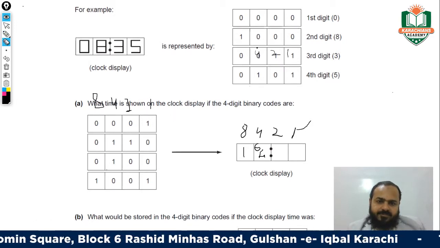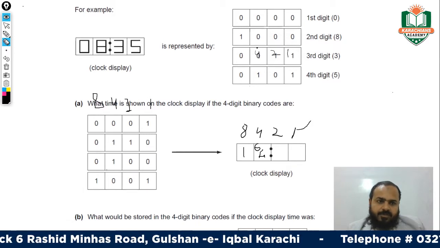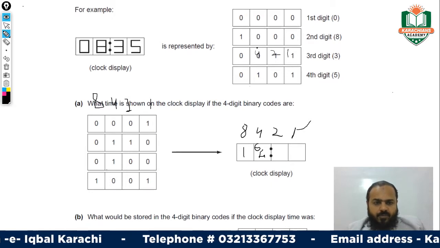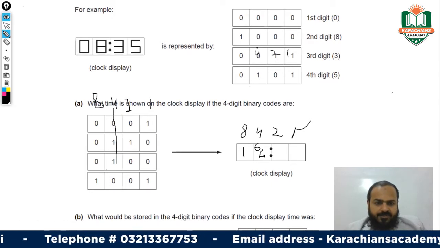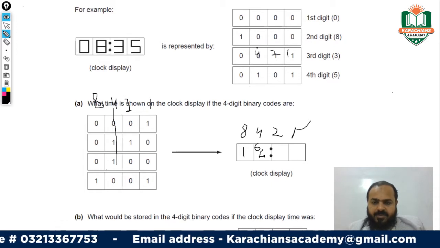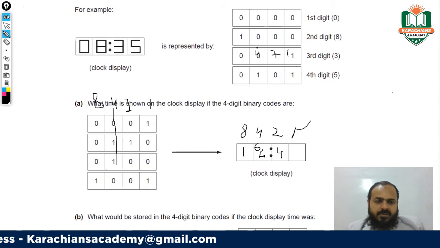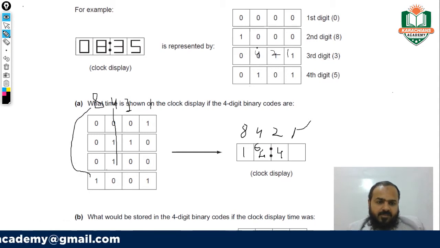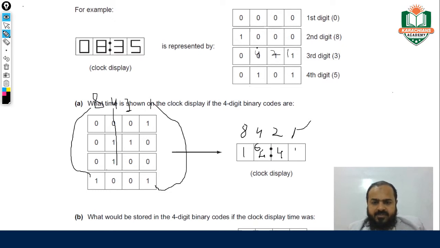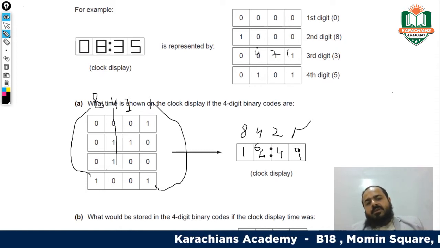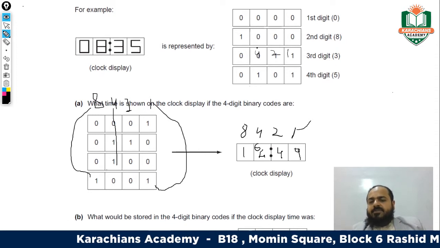As you have seen in this scenario, you place the 4 over here. Okay, and the last one, 8 is on and 1 is on, so 8 plus 1 should be 9. So this is how we convert binary into decimal and decimal into binary with the method of 8421.